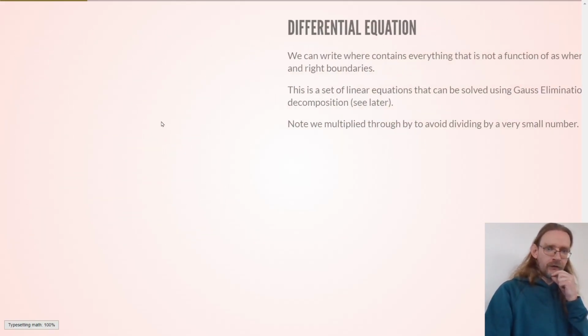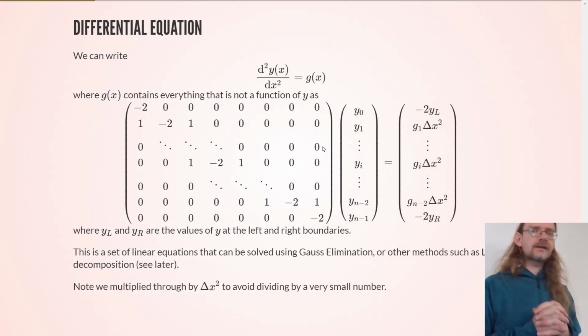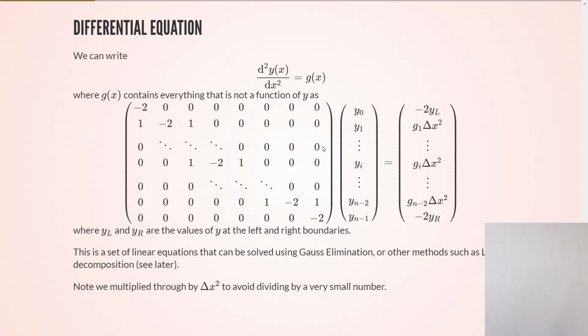I've multiplied through, because delta x should be quite a small thing. You want the data points to be quite close together. So you don't want to be dividing by a small number, because it will tend to create some numerical problems. But depending on what your axes are like and so on, you could divide both sides through by delta x squared.